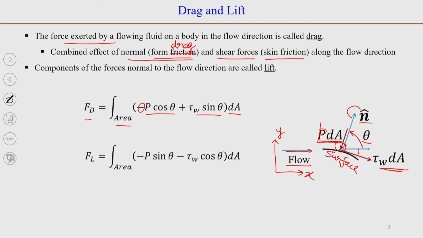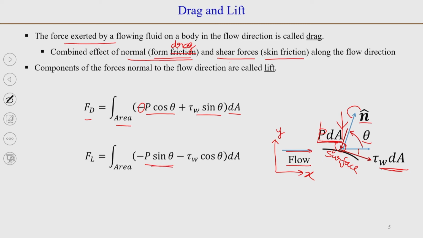In the same manner, we can write the lift force. So, lift force will be the force here, let us say along the y direction, or normal to the flow direction. So, that will be minus P sin theta dA, because the component of pressure force along this direction will be P dA sin theta, and it acts in the negative direction.